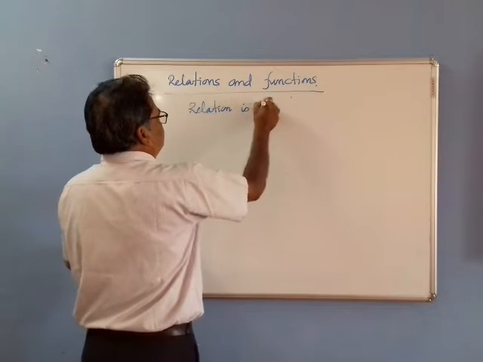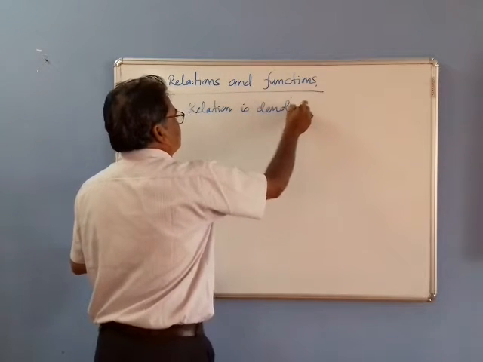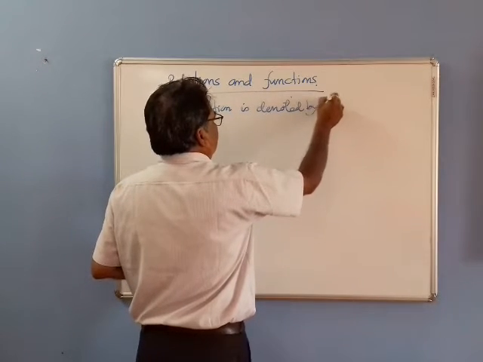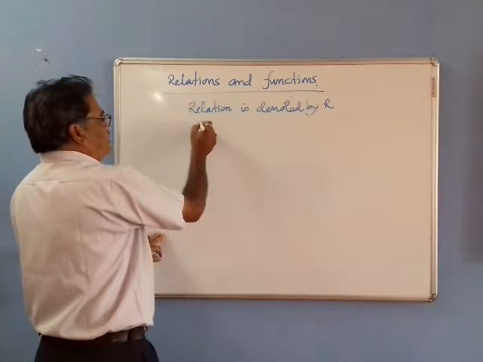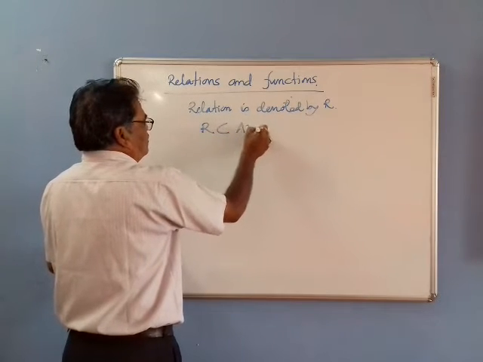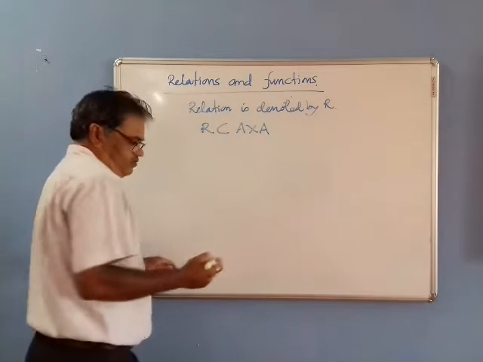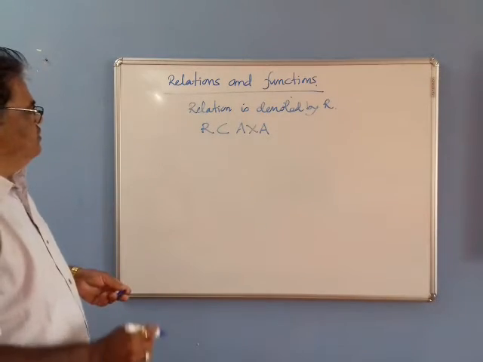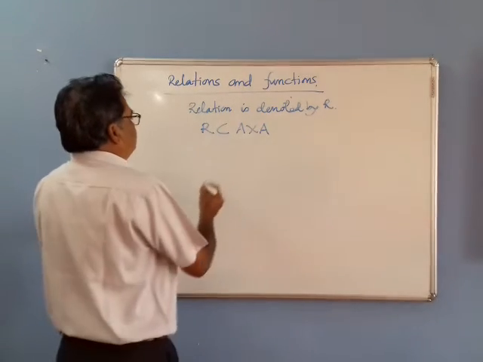Relation is denoted by capital R, and capital R is always a subset of the Cartesian product A cross B.